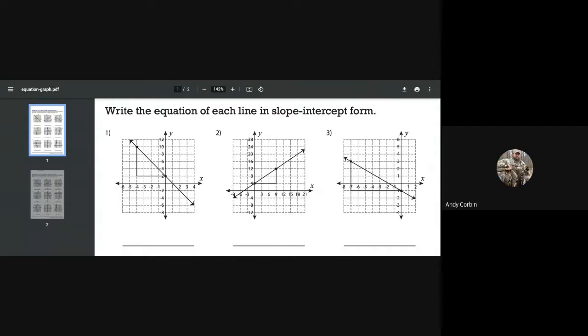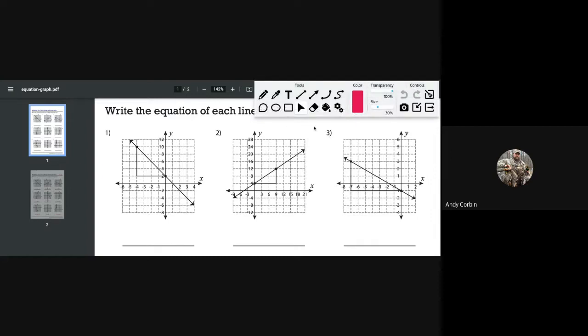So the next thing that you have to be able to do with slope intercept form is actually look at a graph and write the equation. Okay, not just make a graph from the equation. We want to go in reverse. I'm going to give you the graph and you have to come up with the equation. So in all of these, we're still going to be using slope intercept form.